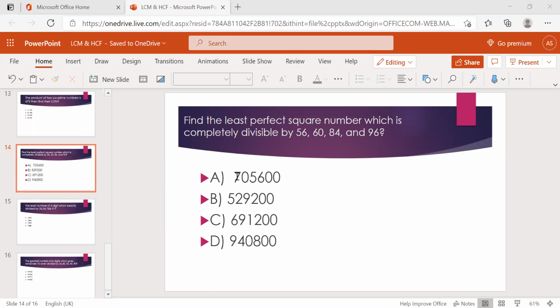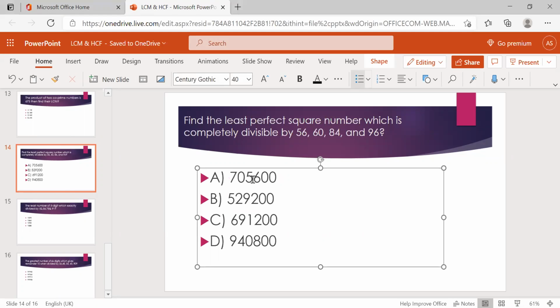What are the options here? See, look here. 705600, 529200, 691200, and 940800. Okay, these are the options. The process is eliminating options, and it's very easy. What they're asking is a perfect square, right?